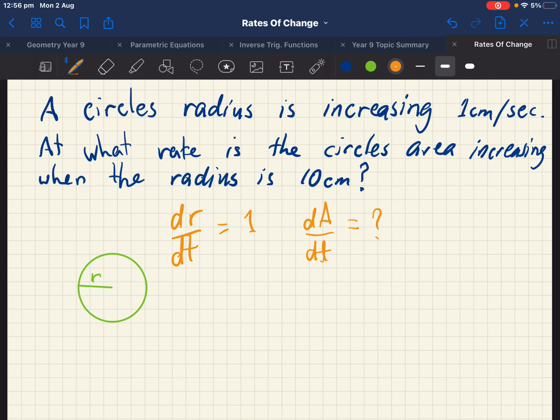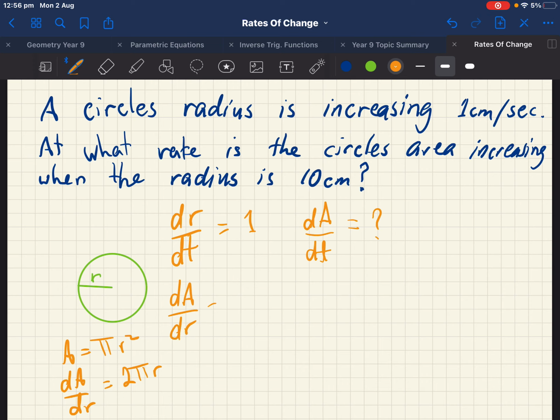Well, what do we know about the area of a circle? We know the area is pi r squared, right? And by differentiating this, we can work out what dA/dr is. If we differentiate A with respect to r, power down the front, 1 away from the power, we can work out what dA/dr is.